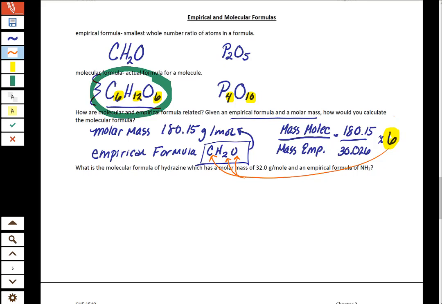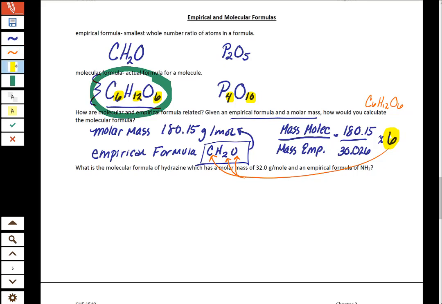C1 times 6 is C6, H2 times 6 is H12, O1 times 6 is O6, and so we ended up with the molecular formula. We're starting with this because this is the simpler part of the process. It is much easier to go from the empirical formula to the molecular formula than it is to find the empirical formula in the first place.